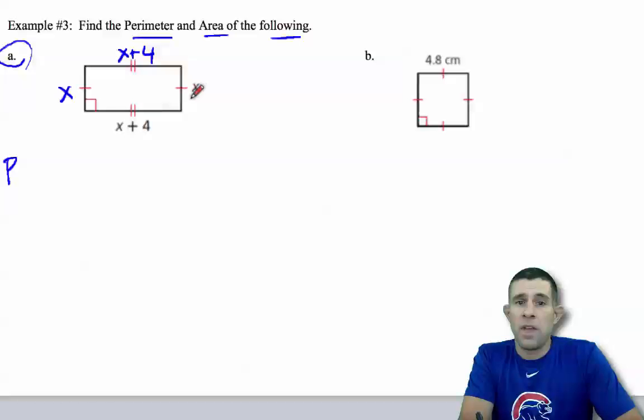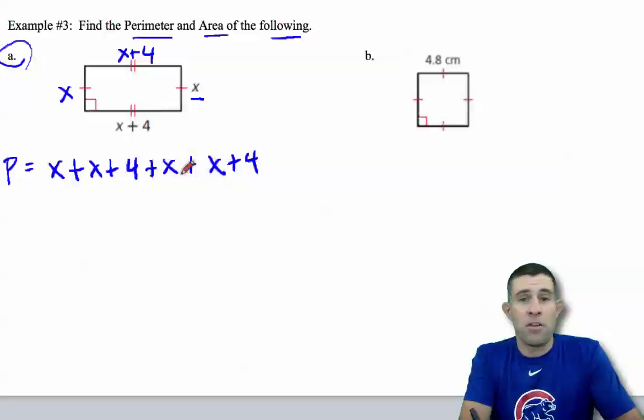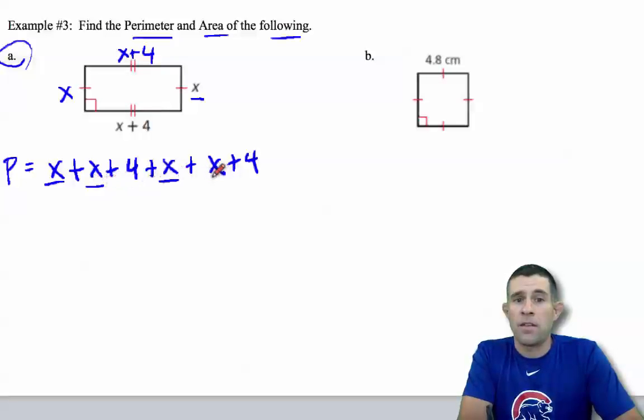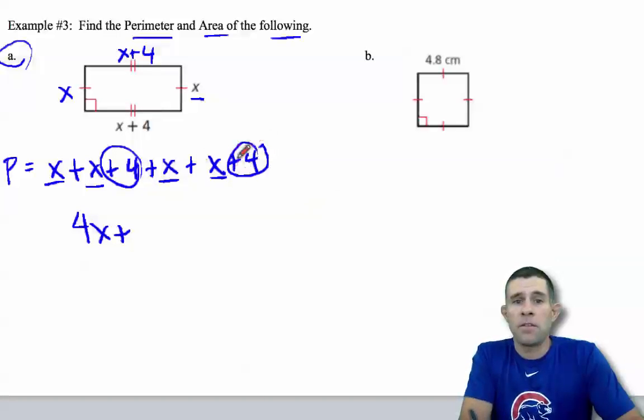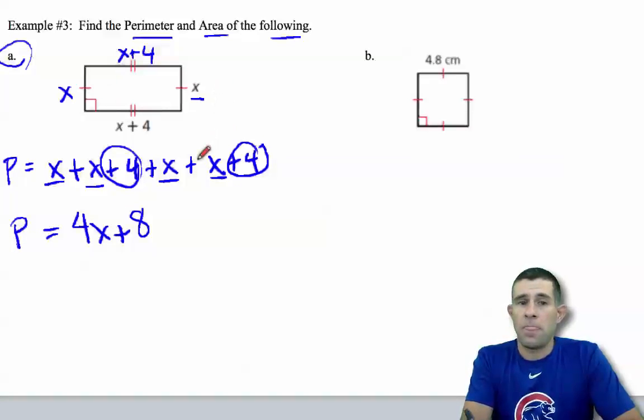So I can simply say x plus 4 plus x plus 4, and that will allow me to then add like terms and combine all my like terms. So let's just go through. We say x and x and x and x is 4x plus, I have a positive 4 and a positive 4 gives me 8. So here's an expression for the perimeter of my rectangle.